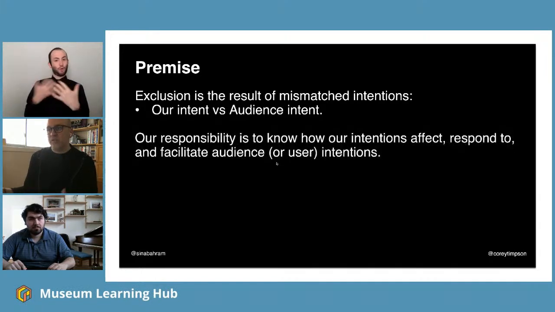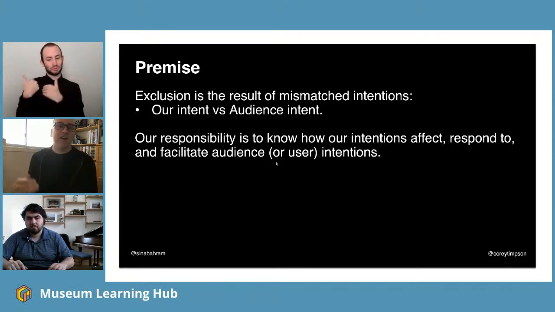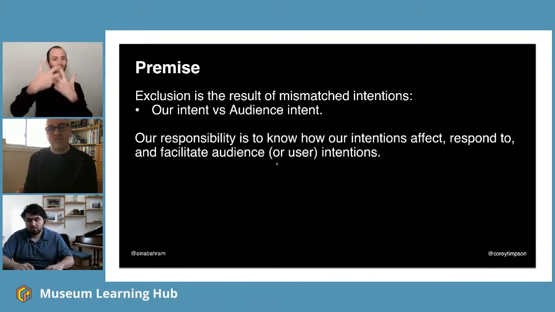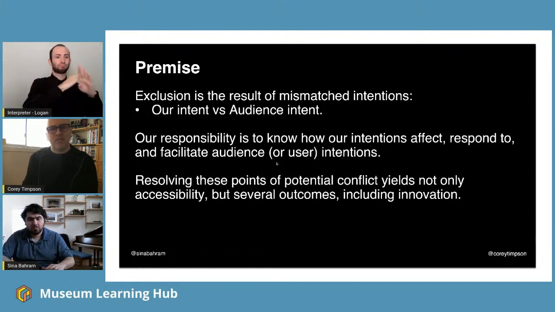And so what we want to do is ensure that we're living up to our responsibility, which is that we want our intentions to line up as best as possible with the intentions of our audience. When things don't line up, that's when barriers exist, and we want to make sure that we have as few barriers as possible.